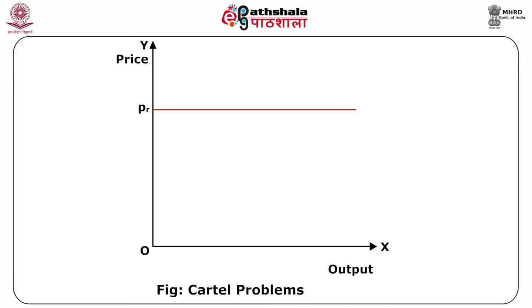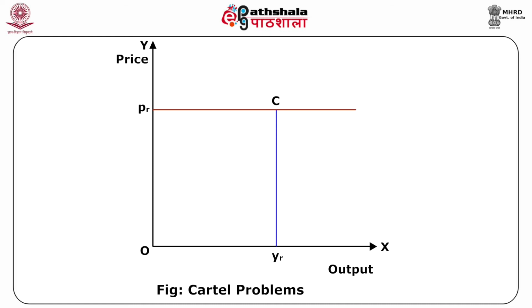A cartel makes this price sustainable if all participating firms follow the output quota rule and produce a limited quantity, which is less than what they would have produced in oligopolistic competition. In figure 2, let us assume this quantity as YR.